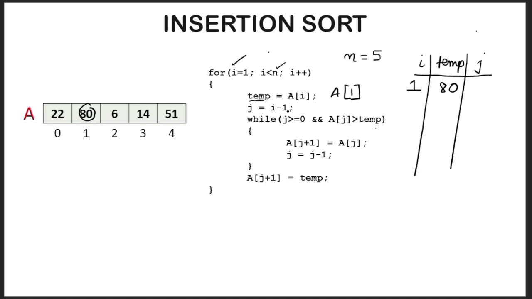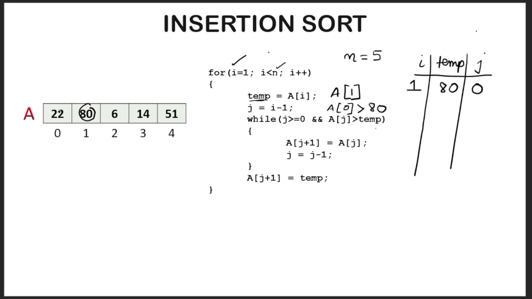J is equal to I minus 1. So J value is I minus 1, that is 1 minus 1. J is your 0. So now the while loop: J is greater than or equal to 0. Yes, the condition is true, and A of J, that is A of 0, is A of 0 greater than temp? Temp value is 80.